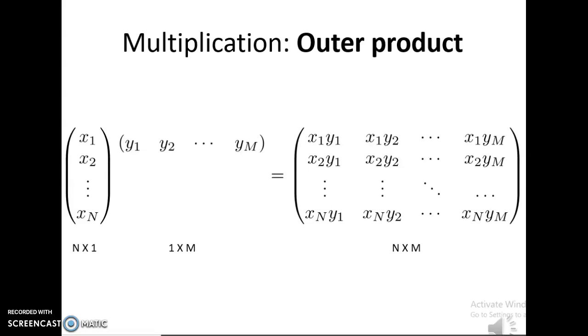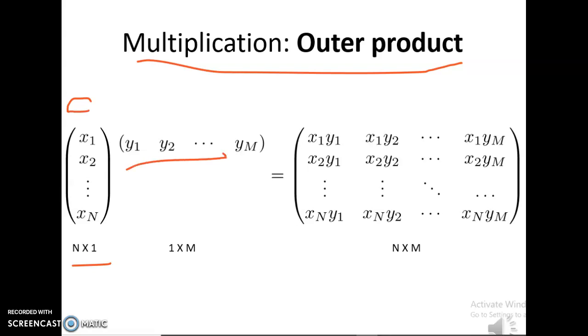Multiplication, outer product. Here an n by 1 matrix, that is n elements in one column. This is a column matrix.